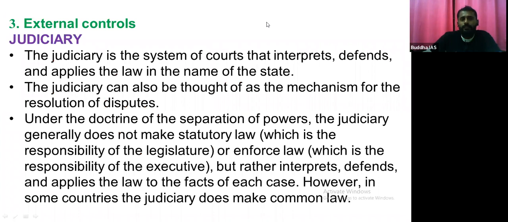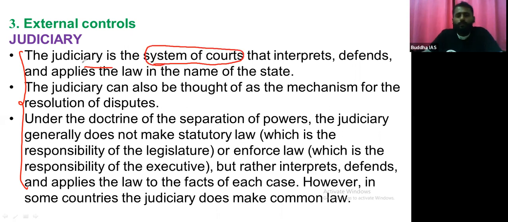Coming to judiciary. These are very precise and very authenticated things. According to the second ARC, judiciary is the system of courts that interprets, defends and applies the law in the name of the state.